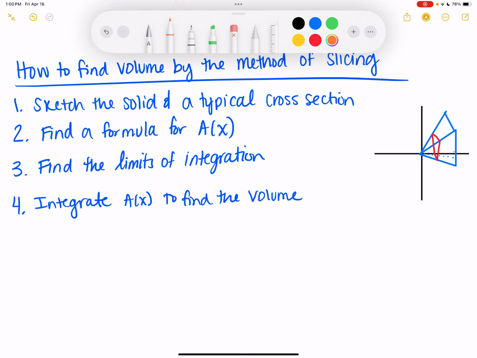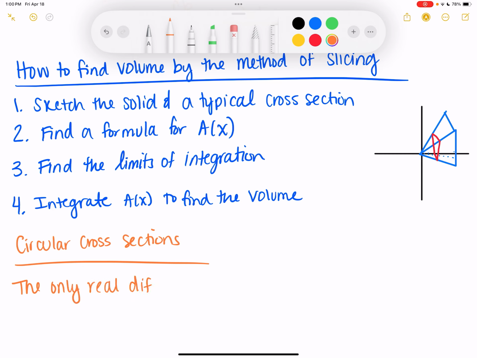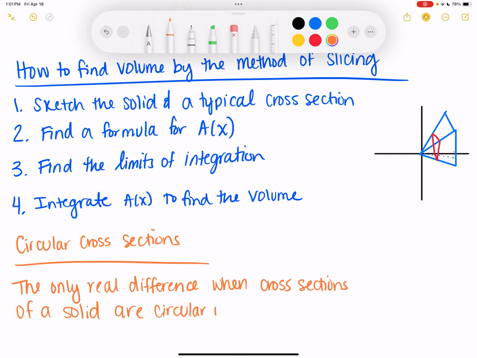The next one is circular cross sections. There's not much difference in this one and the previous one, so all I'm really going to do is write the difference. The only real difference when cross sections of a solid are circular is the formula for area, or the formula for A of x.